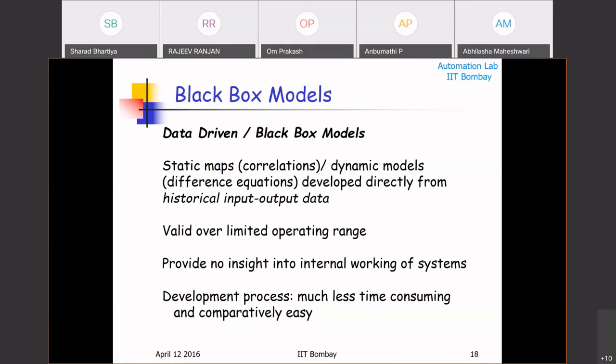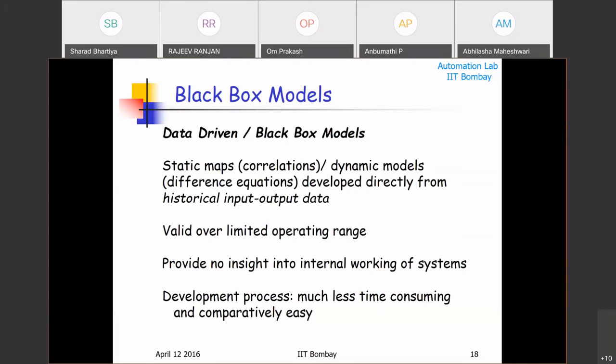Why do we talk about autocorrelation? Because we're talking of the same variable x, but evaluated at t1 and evaluated at t2. And here also we can talk about autocovariance, cross covariance, if you were to subtract out the means. Okay. So this allows us to obtain these black box models.